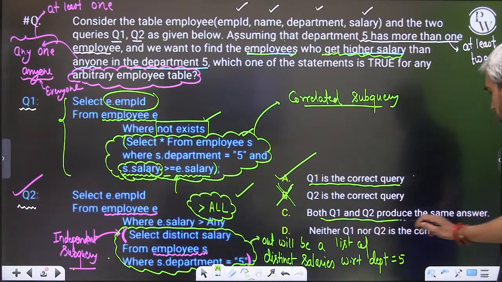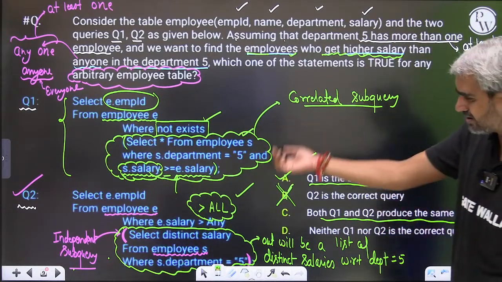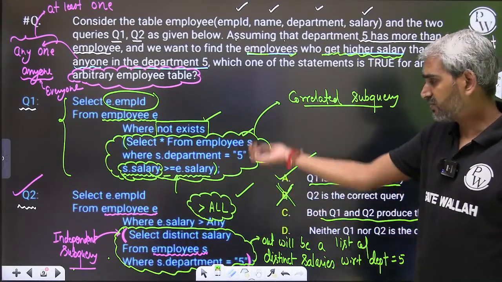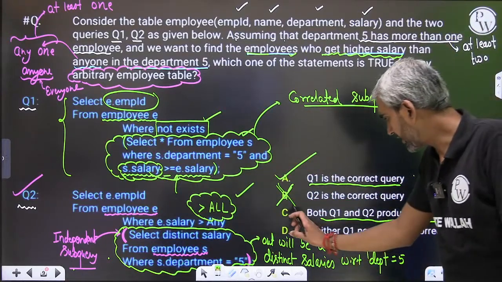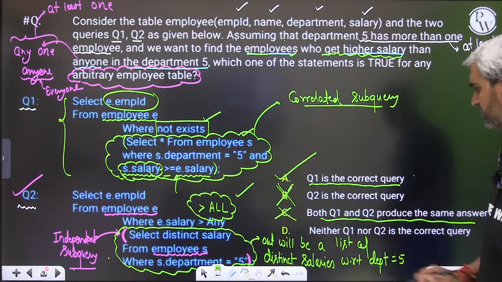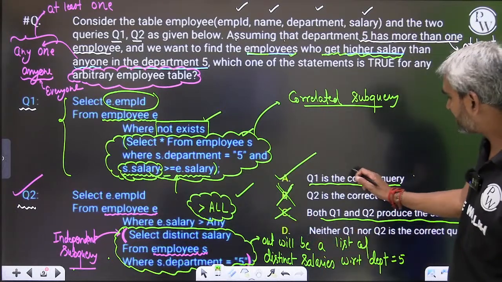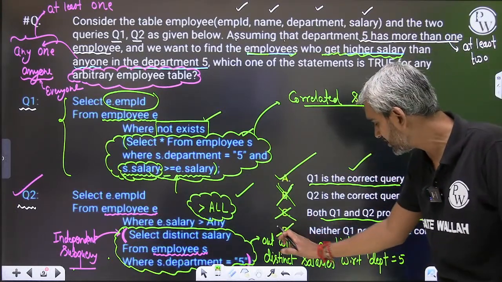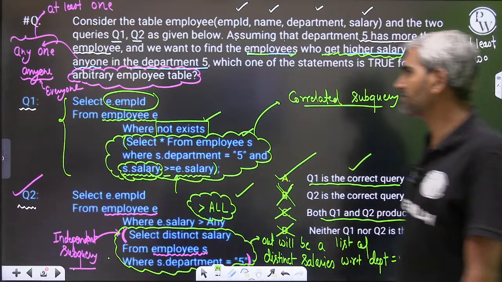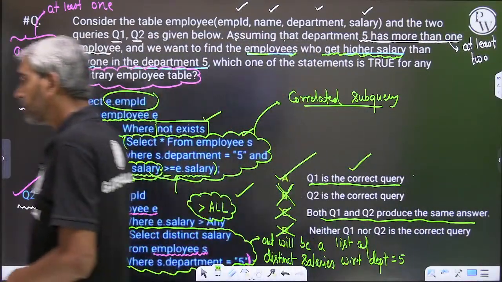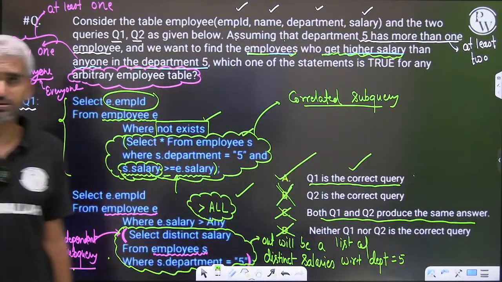Do Q1 and Q2 produce the same answer? They will definitely produce different answers, so C is obviously not true. Neither Q1 nor Q2 is the correct query? No, Q1 is the correct query. Therefore, option D is also false.